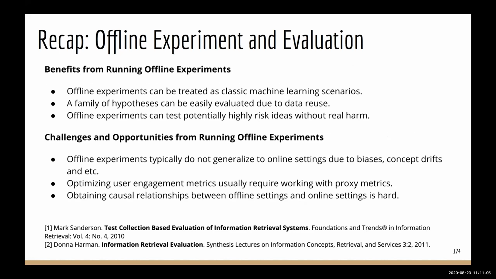So again, offline experiments are good because we are improving the throughput. But there are two challenges. One is the correlation, one is the causation. For correlation, we have to work with proxy metrics. Sometimes you can discover it, sometimes you won't.